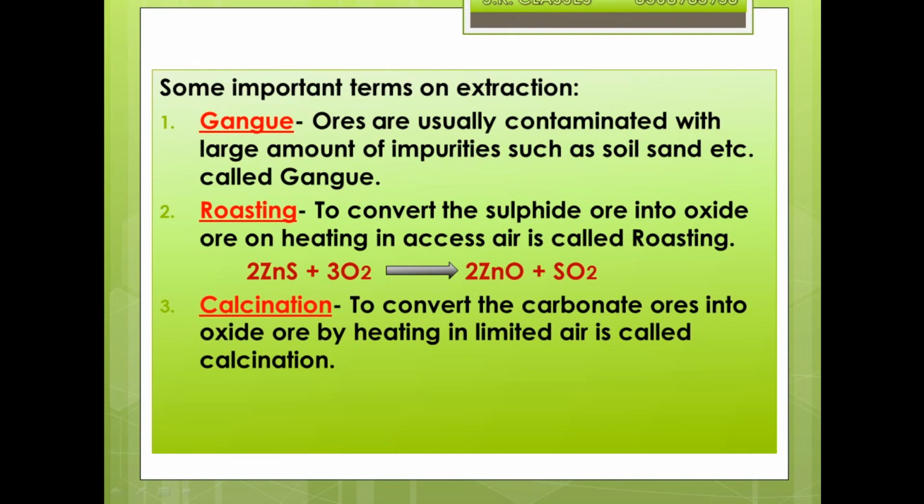Third one is calcination. Converting carbonate ores into oxide by heating in limited air is called calcination. So zinc carbonate converts into zinc oxide plus CO2 on heating, and then zinc oxide can be reduced to zinc.